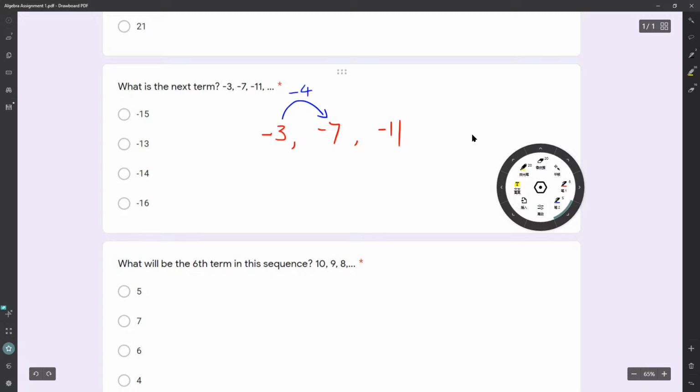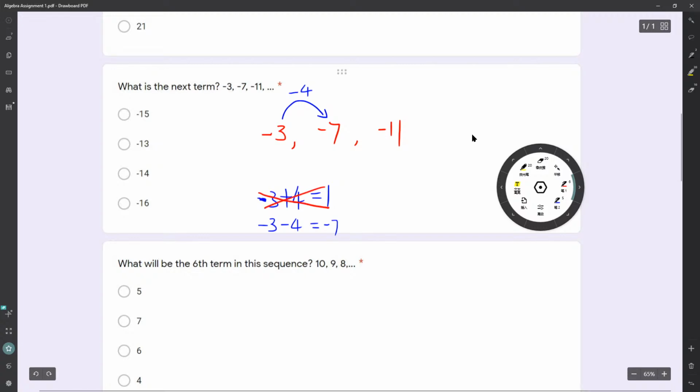From -3 to -7, it actually subtracts 4. If you do -3 add 4, that will give you a positive 1. It's -3 subtract 4 that gives you -7. So you should be careful here.